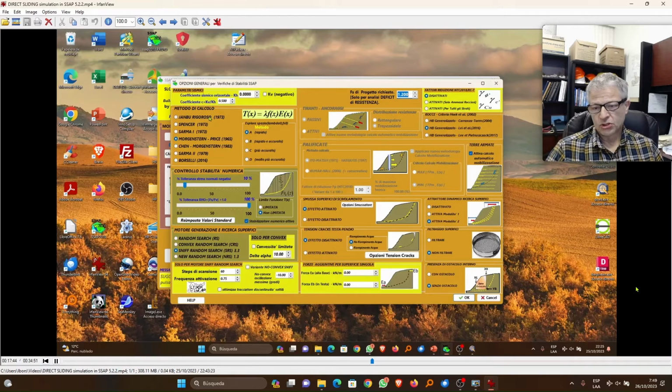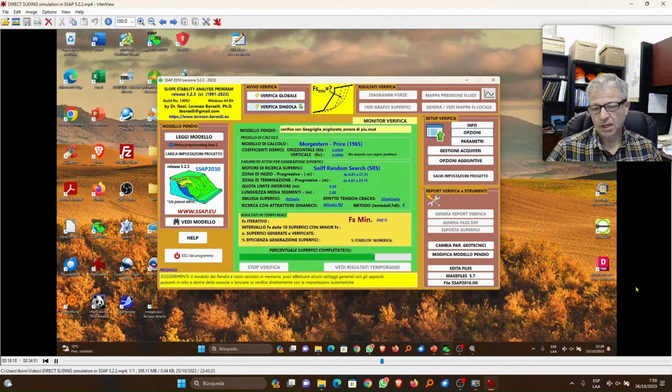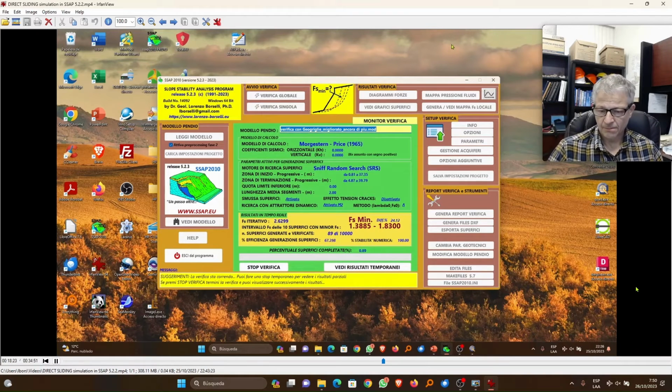We can use one of the available rigorous methods, because simplified methods are not considered, because they are not effective, not sure, when we have reinforcement of any kind, with other types, not only for reinforced earth. We activate some options to consider and then we can start the analysis.